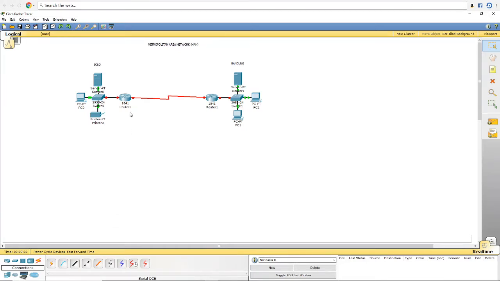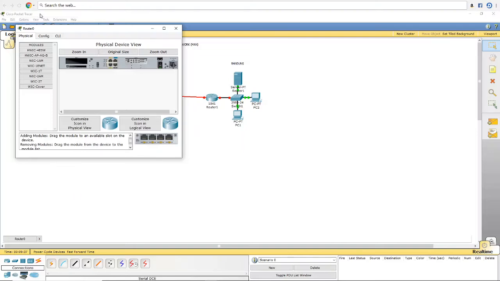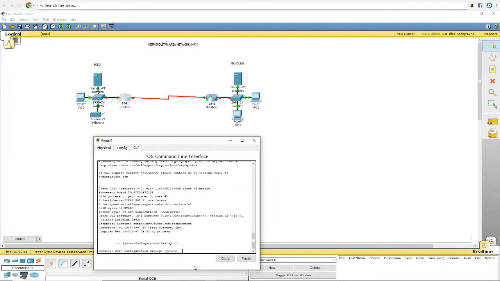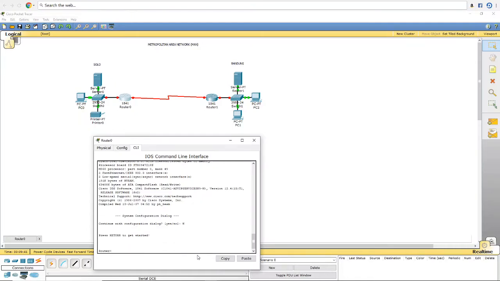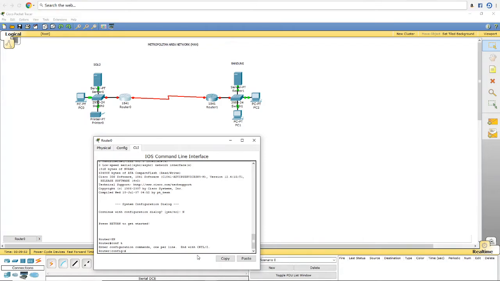The next step is configuring the router. Start from the Solo router. Go to CLI, then enable, configure terminal, and then interface fast Ethernet.